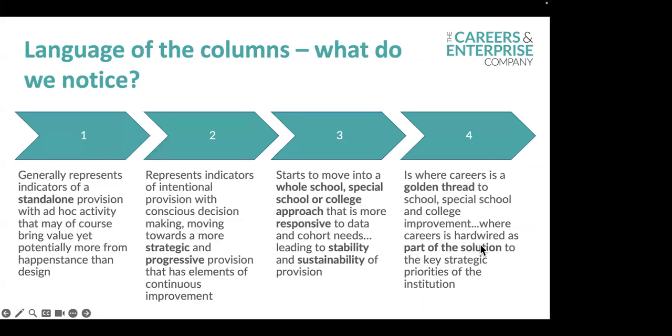Okay, so now just looking at the language on the columns. On the maturity model, which I showed you a couple of slides previously, going from left to right, we can see how the descriptors progress from left to right. We can see that the indicators increase in terms of maturity. And this is a really important part to note: you may experience movement along that continuum in both directions.